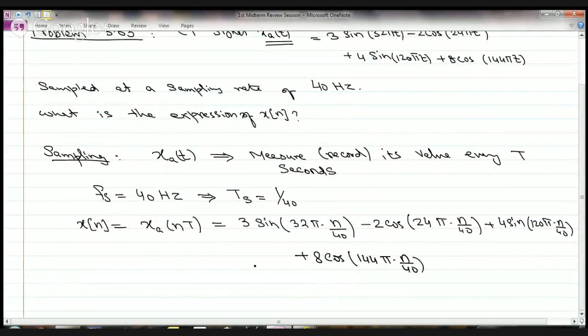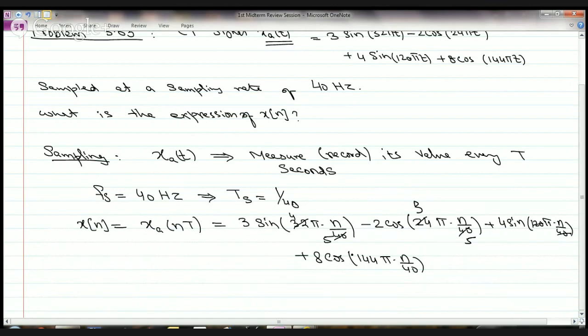And after that, it's just simple calculations. I get 32 divided by 40, that's 4 by 5. I have here, again, 24 over 40, that's 6 by 10, or 3 by 5.